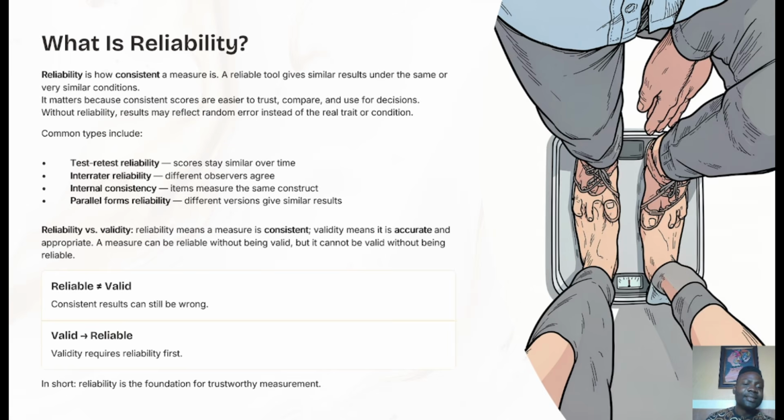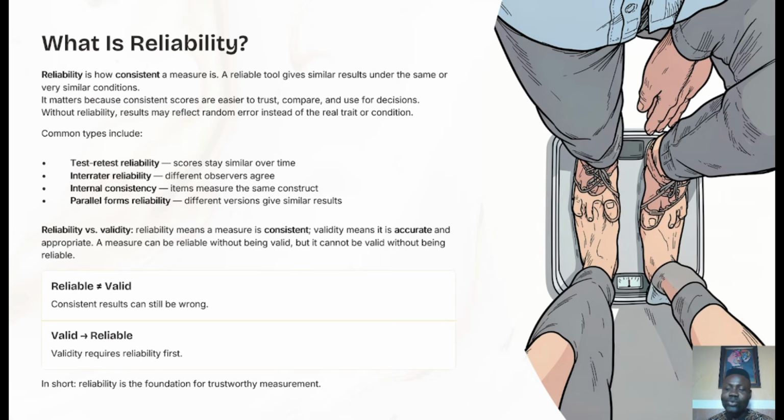Another one is inter-rater reliability. Let us assume we have a skill that we want to use to measure food taste. Is this sweet? And we have some items.